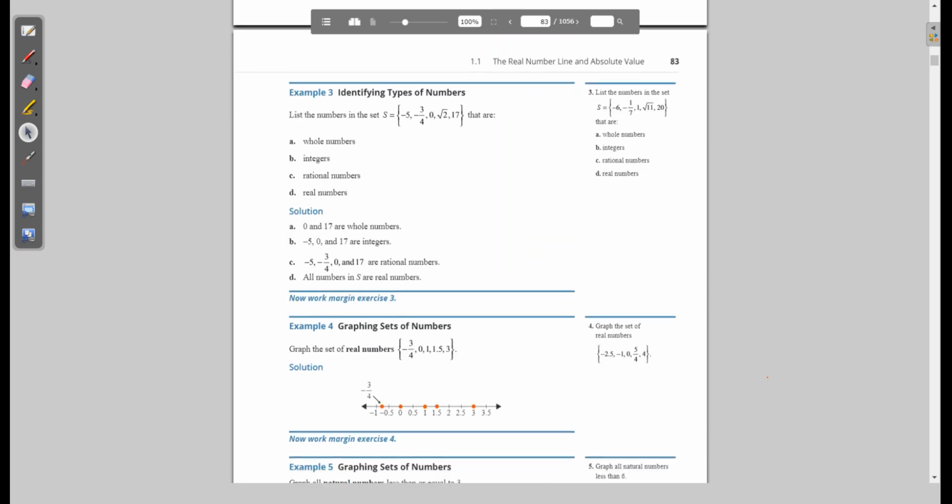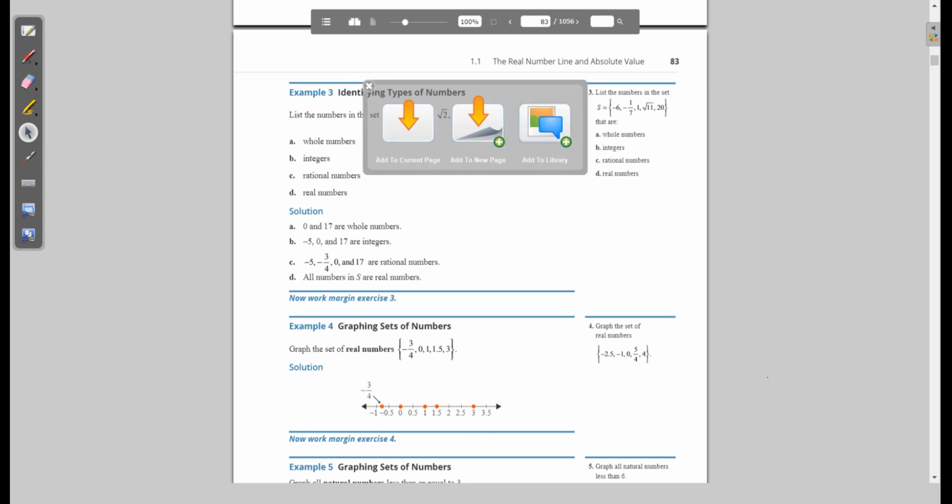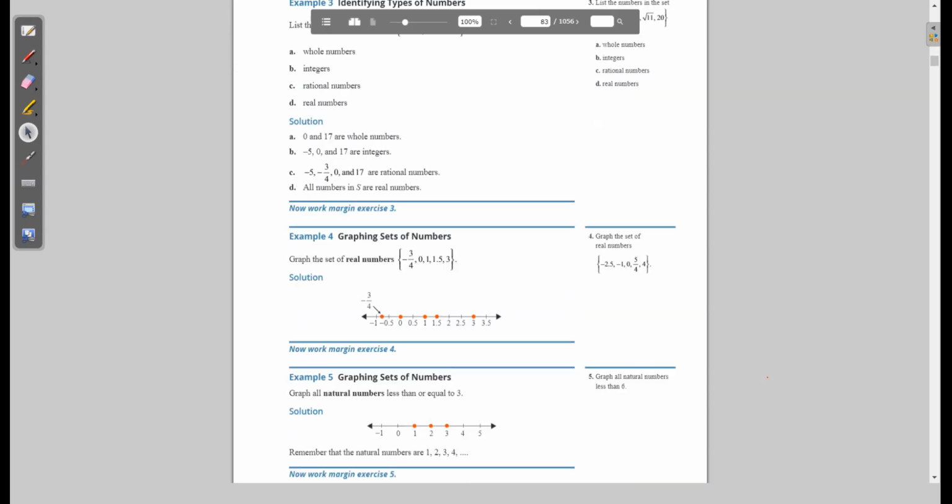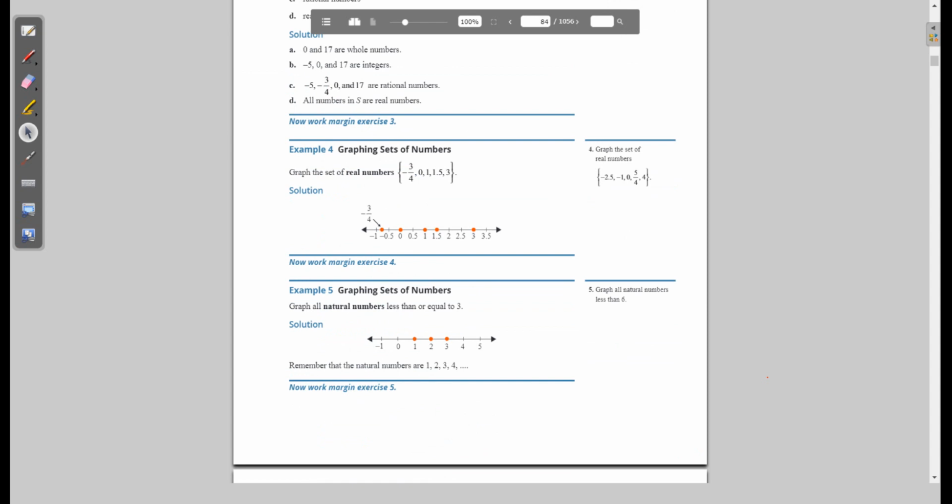So let's snip a couple examples here. We're just going to snip these two together. Starting with example 3, it reads, list the numbers in the set that are A, whole numbers.